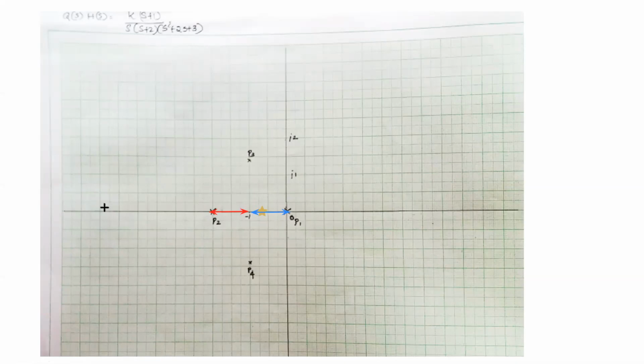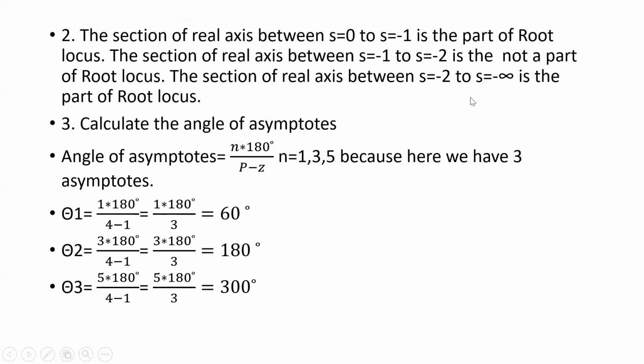Is that going to be a part of root locus? Yes, of course, because there the poles and zeros count from here is 1, 2, 3, 4, 5. It is an odd number, so that becomes a part of root locus. This is a part of root locus and this is a part of root locus, whereas from -1 to -2 is not a part of root locus. So the same thing is discussed here. From -2 to infinity is part of root locus.